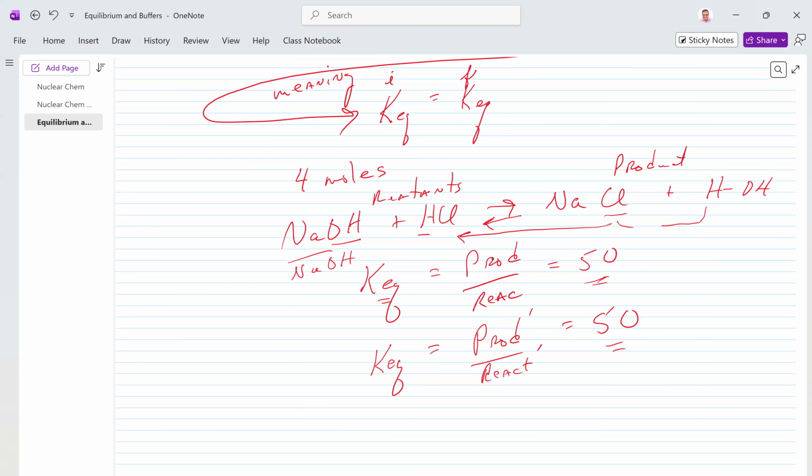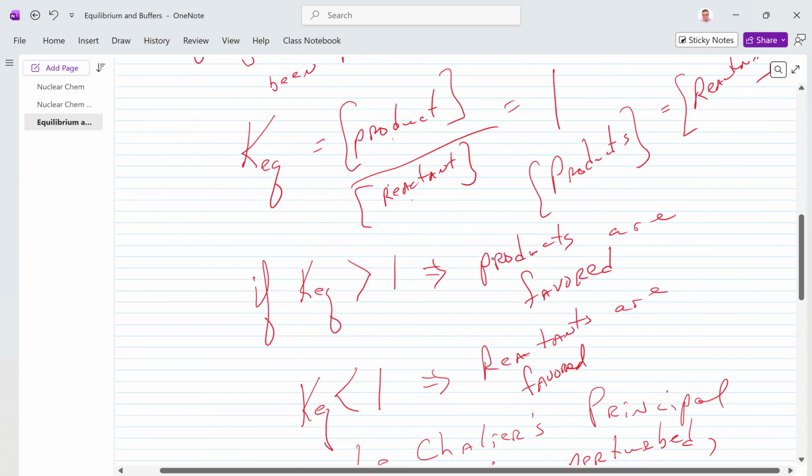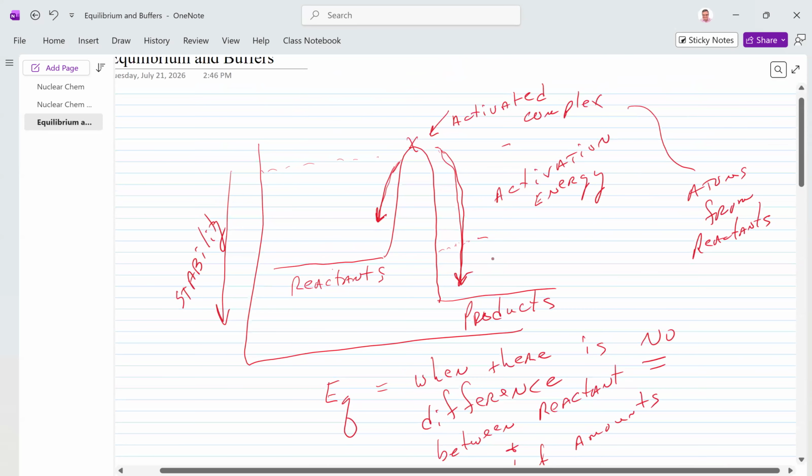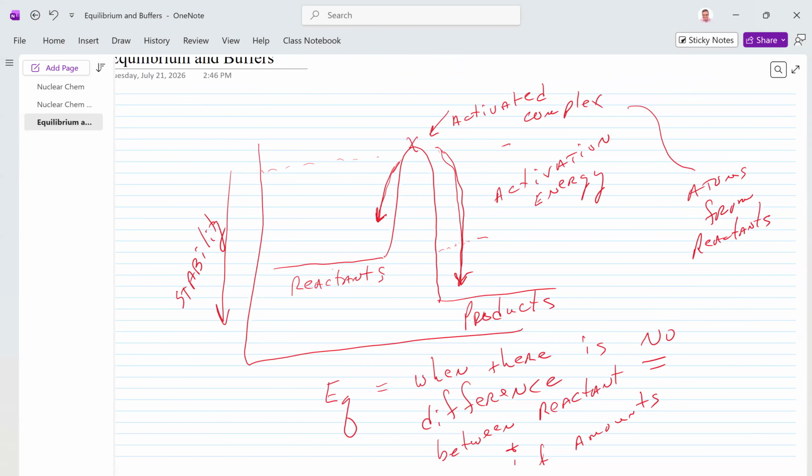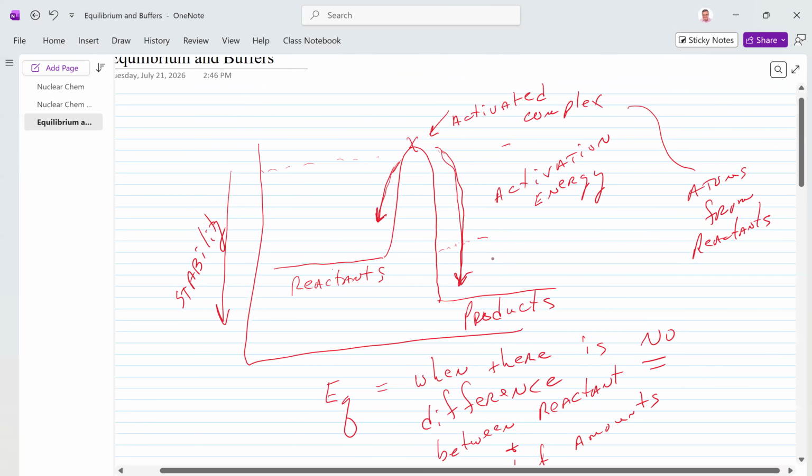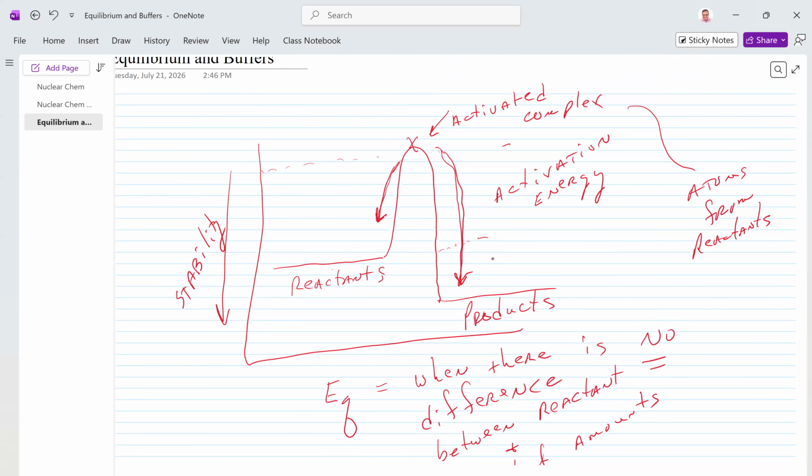So from this diagram here, that's how we end up with this concept of equilibrium, because the activated complex will regenerate reactants, regenerate products. And that's in real time, back and forth, back and forth, back and forth. But the ratio between the products and the reactants will not change. Now that's after equilibrium is reached, though, not before. It can be lopsided, and then it's going to all work its way out.